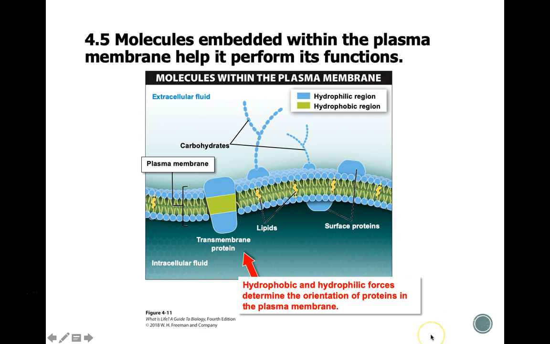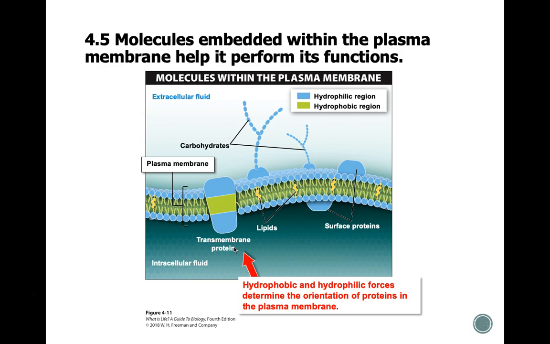Now, any molecule that's going to be embedded within this membrane has to have those hydrophilic and hydrophobic regions as well. So this transmembrane protein, that just means it's a large protein that stretches across the membrane. Trans means across. So this transmembrane protein has a hydrophilic region and hydrophobic region as well, and that allows it to remain sort of stuck within the plasma membrane.